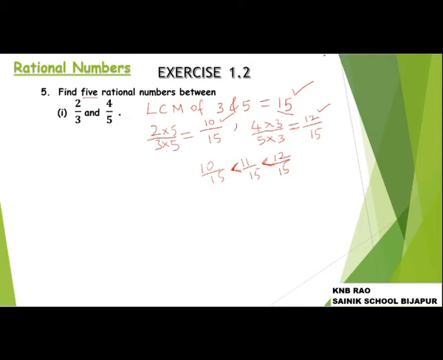You can consider 150, you can consider 90, you can consider 60. Choice is yours. You choose a comfortable multiple. Suppose I have chosen 60 as the denominator to which I have to write 2 by 3 and 4 by 5.